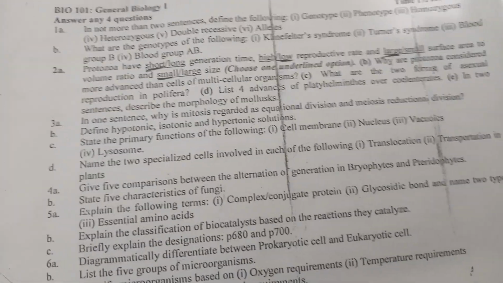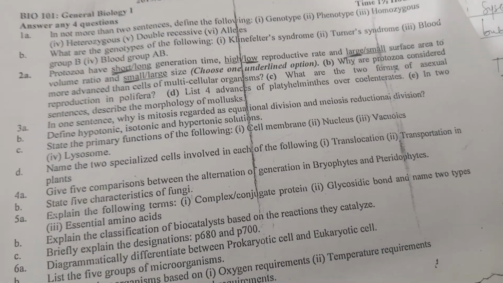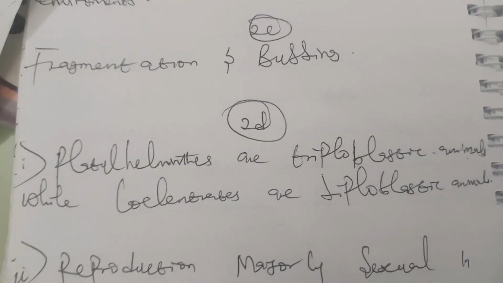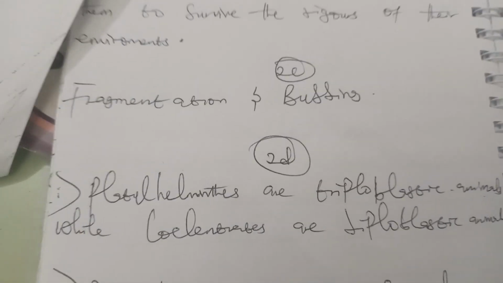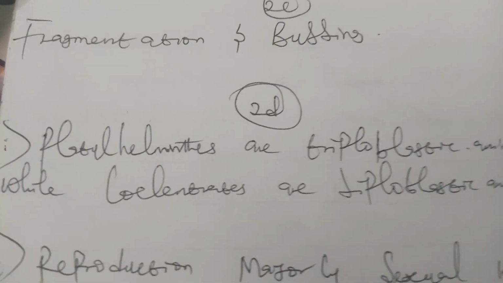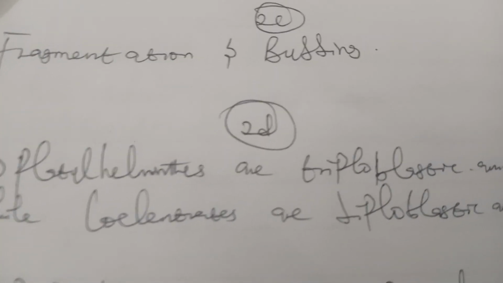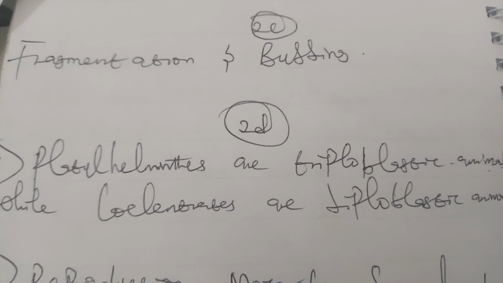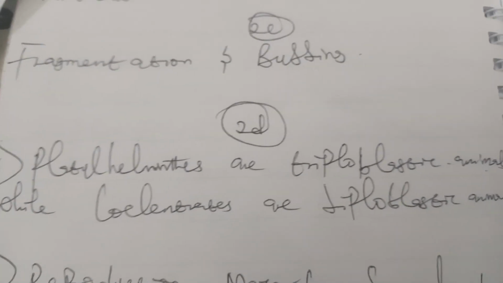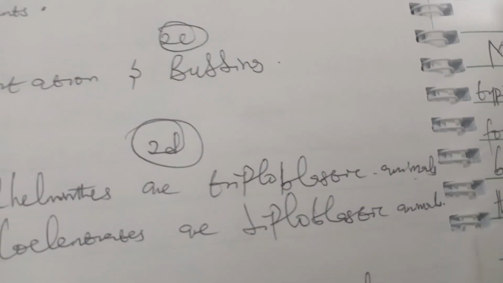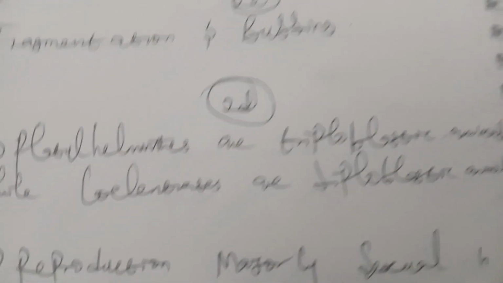Now number 2D says, list 4 advances of Platyhelminthes over coelenterates. I started with: Platyhelminthes are triploblastic animals. When you hear triploblastic, that means they have the 3 germ layers: the endoderm, the ectoderm, and the mesoderm. While coelenterates are diploblastic, with the endoderm and ectoderm alone.